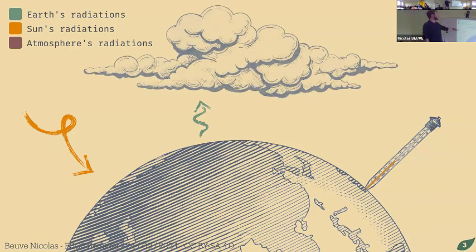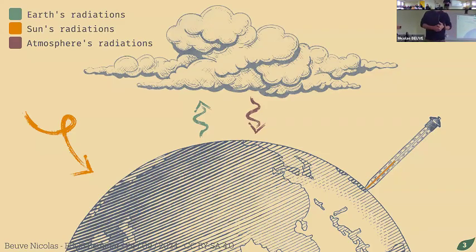And the atmosphere, while it is mostly transparent to the sun's radiation, absorbs Earth's radiation, and by absorbing it, it increases its temperature. And because the atmosphere's temperature increases, it also emits energy. So Earth not only receives energy from the sun, but also from the atmosphere that Earth heated up beforehand. The sun's radiation is more or less stable, but the more we emit greenhouse gases, the more the atmosphere becomes opaque to Earth's radiation, and thus the more its temperature increases, and the more radiation comes to Earth.